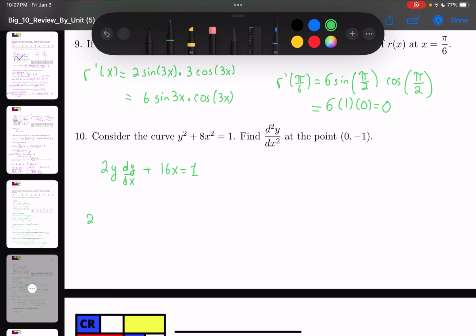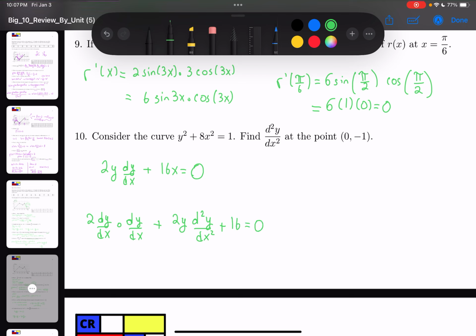So it's going to be 2 dy over dx, that's going to be my u prime, times v, which is also dy over dx, plus u times v prime, which is d squared y over dx squared, plus 16, which is equal to 0.